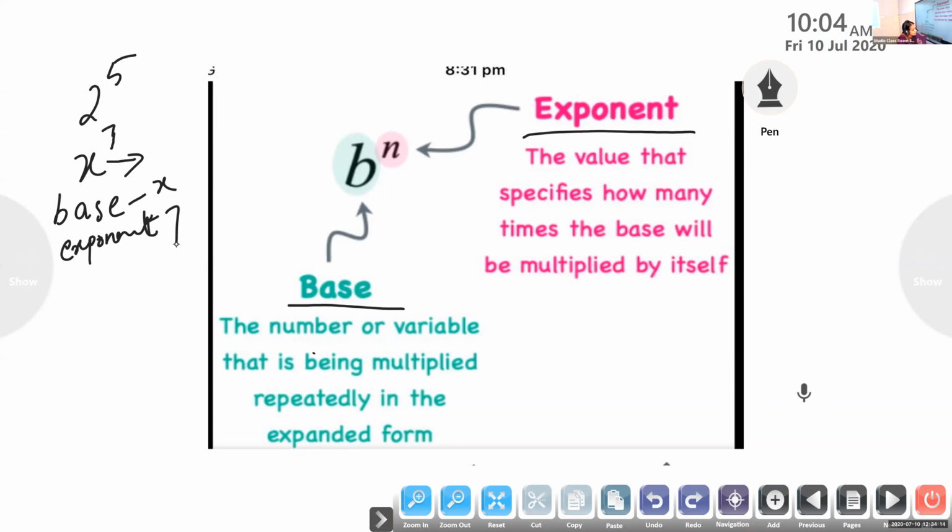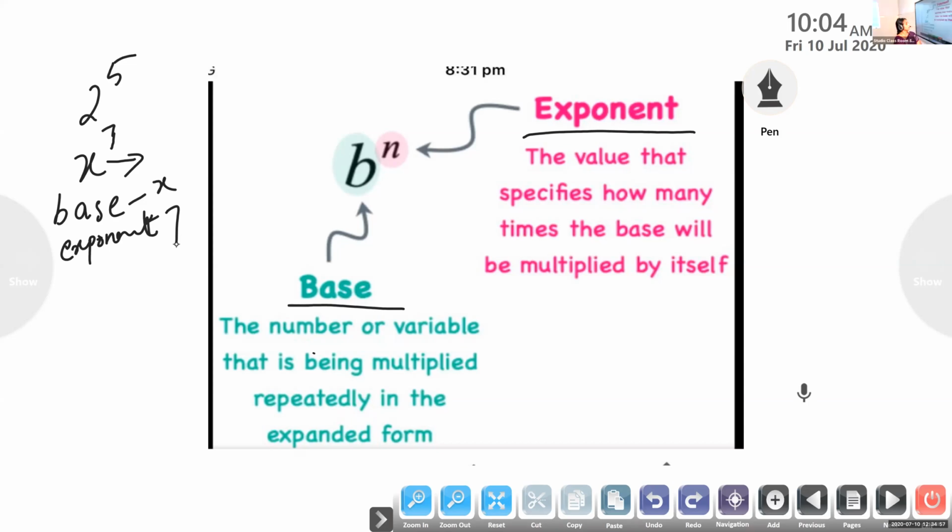And base: the number or variable that is being multiplied repeatedly in the expanded form.